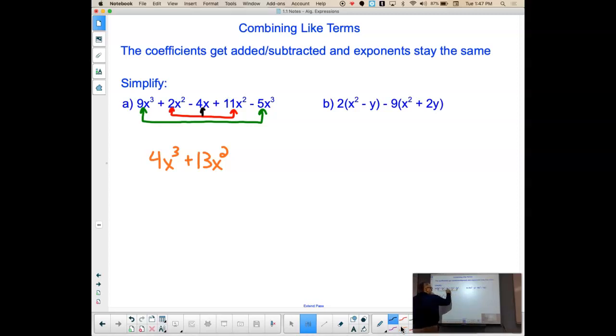This one doesn't have any other like terms with it, so it just comes along for the ride. And that is my answer, because all of these orange terms are all different. They're not the same. So I can't combine them any further.